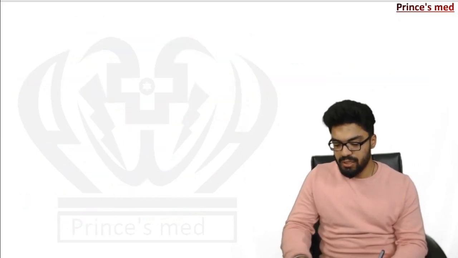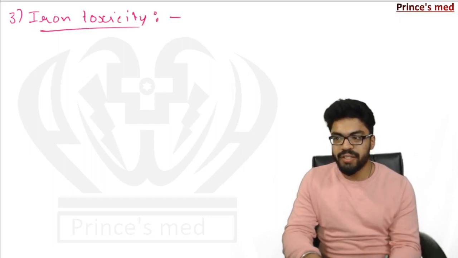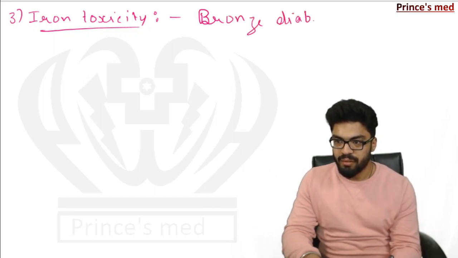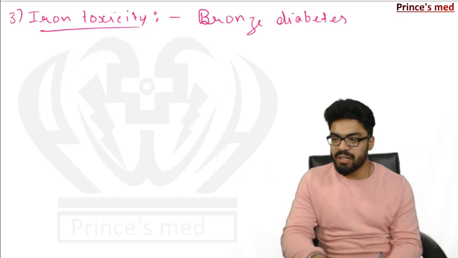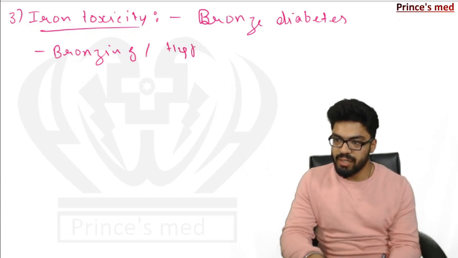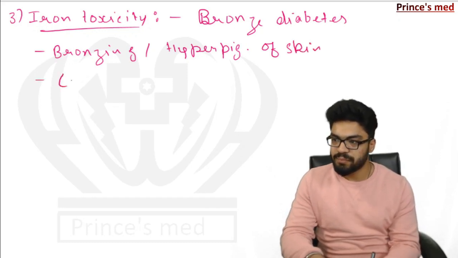Okay, the next cause is iron toxicity, which leads to bronze diabetes. Symptoms are bronzing or hyperpigmentation in the skin, or cirrhosis.